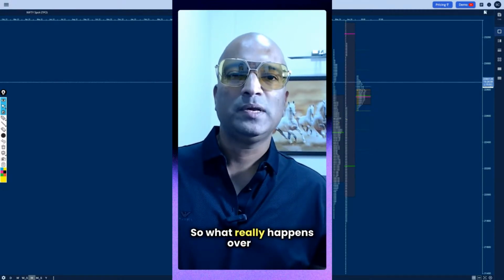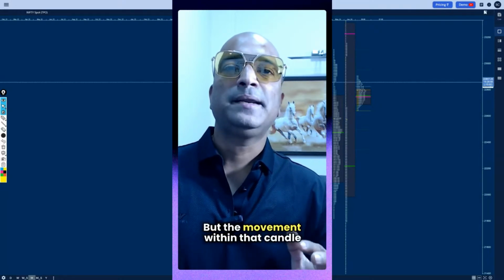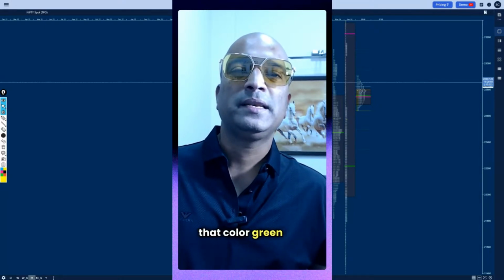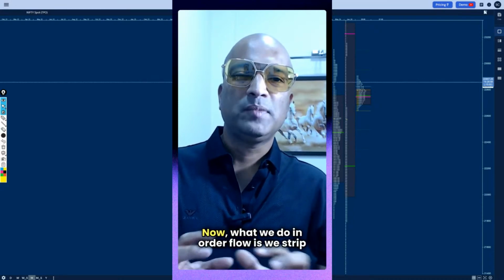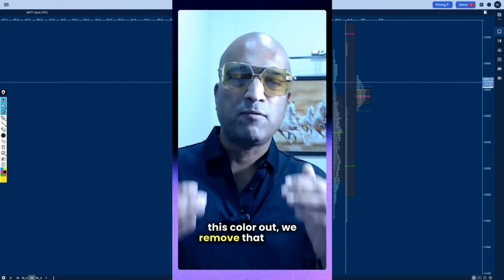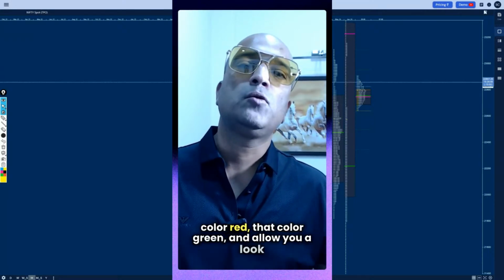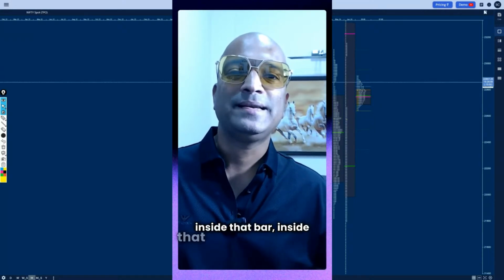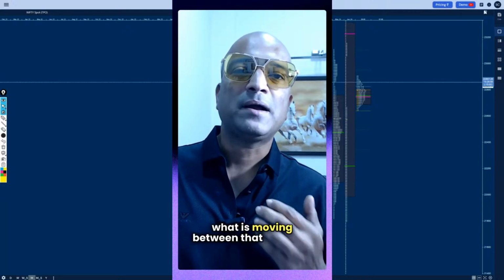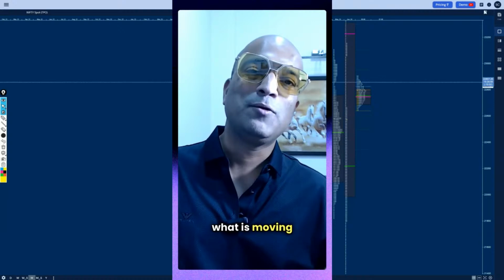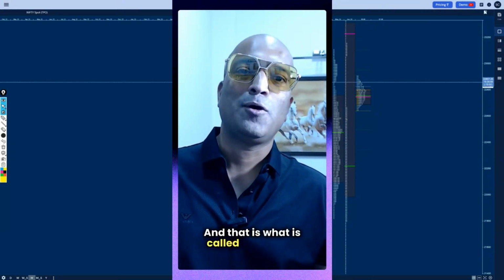So what really happens over here is the exact same range, but the movement within that candle determines that color green and that color red. Now what we do in order flow is we strip this color out. We remove that veil, that color red, that color green, and allow you a look inside that bar, inside that candle, and to see exactly what is moving between that high and the low, and what is moving between the open and the close, and that is what is called order flow.